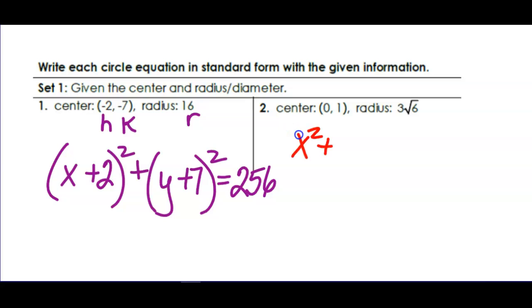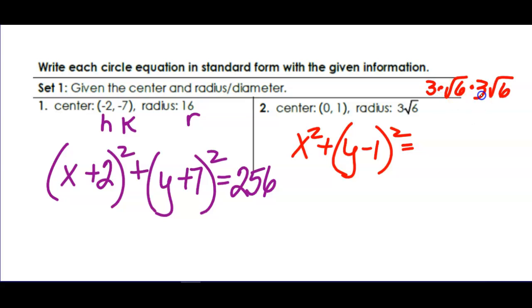Let's see, we'd have x squared plus y minus 1 squared equals, now 3 times the square root of 6 times another 3 times the square root of 6. 3 times 3 is 9. Square root of 6 times square root of 6 is 6. So we get 54 when we square that. Okay, you can try it on your calculator, but you'd need some extra parentheses.